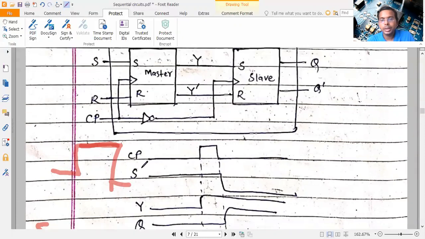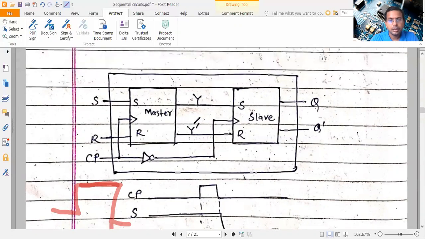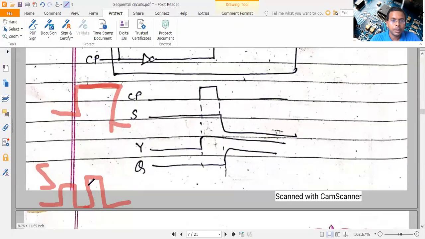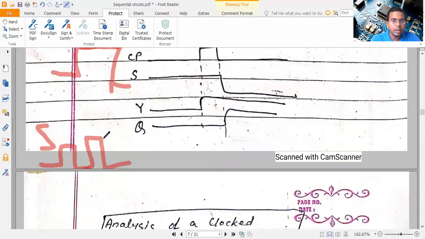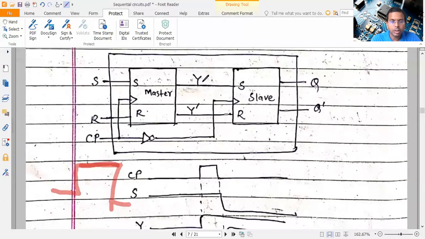So to get rid of this problem, there is one master circuit SR flip-flop and there is a slave. First, whatever S is applied, suppose there is some fluctuation and then it stabilizes. After fluctuating 2-3 times, it becomes 1, and the final 1 will decide the output.